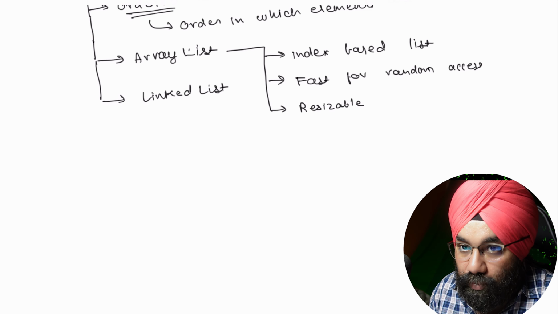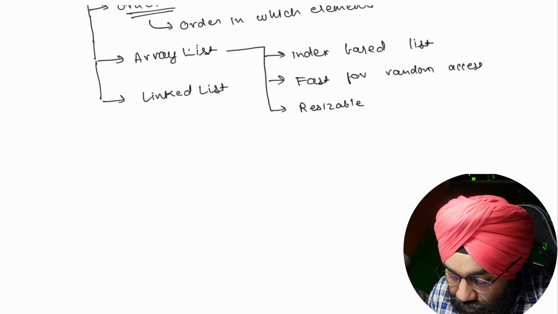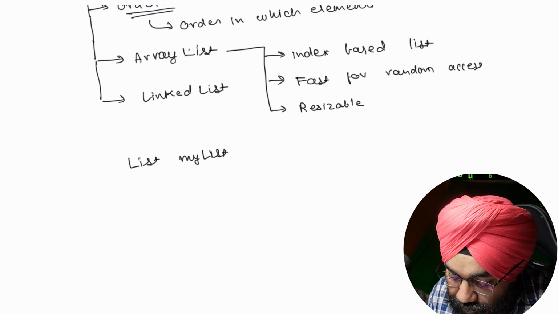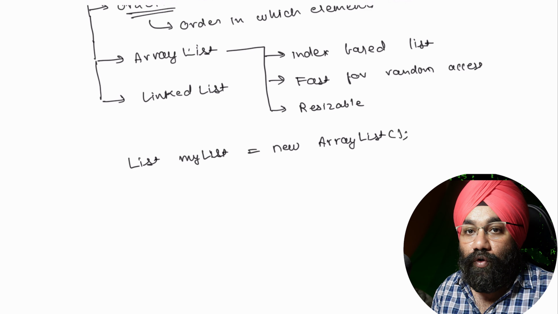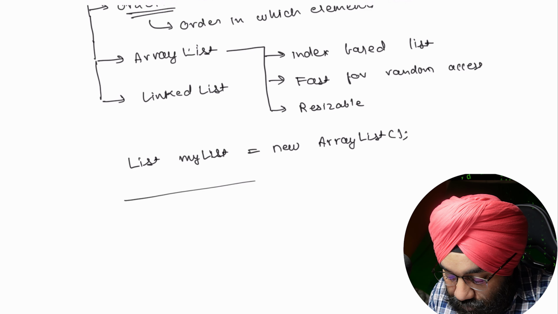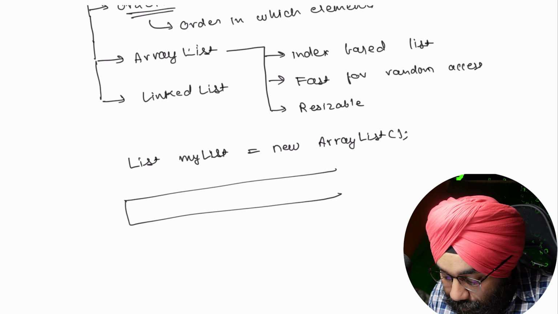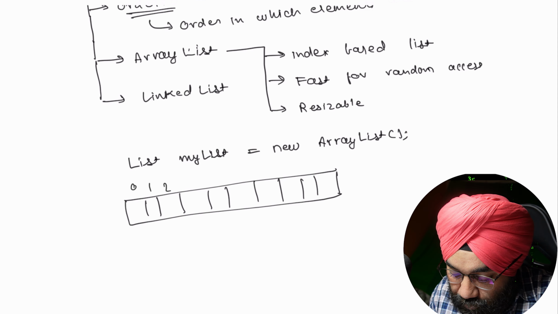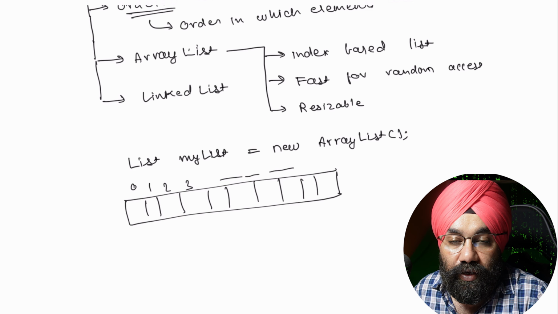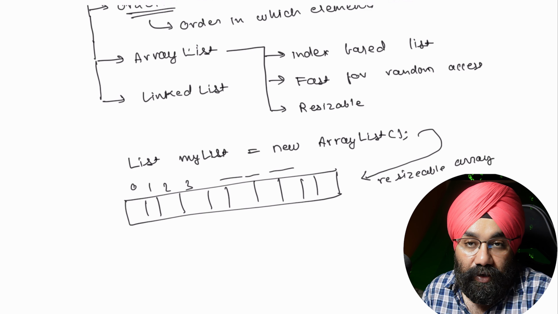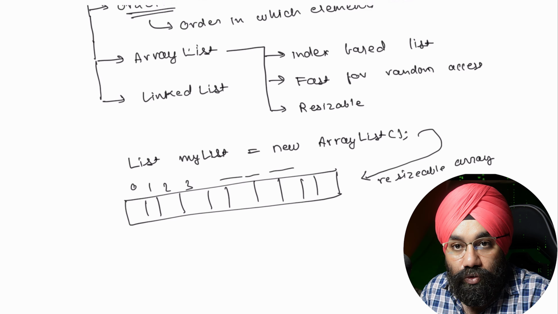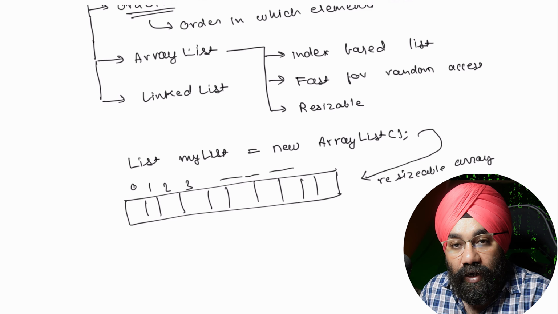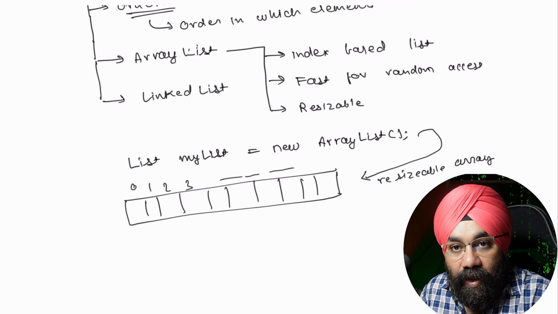Let's try to visualize it. You create myList equal to new ArrayList. What will happen in the memory is it will initialize an empty array like this, 0, 1, 2, 3, up to a fixed length. You don't need to go into the implementation of how it is built. You just need to focus on the fact that it is resizable. You can add as many elements as you want.